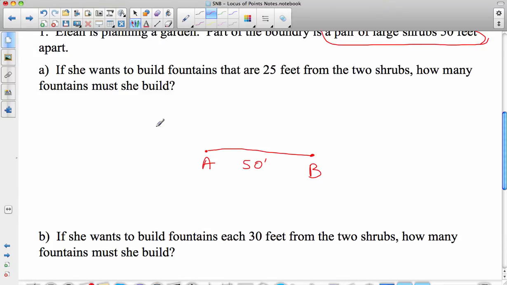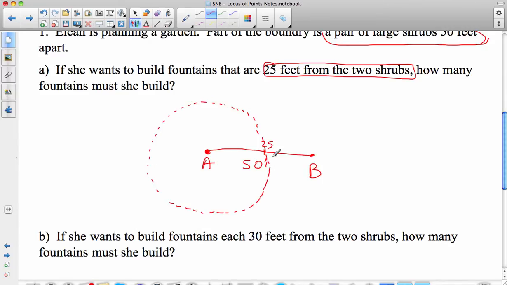Part A says, if she wants to build fountains that are 25 feet from the two shrubs, how many fountains must she build? If they are 50 feet apart, the midpoint is going to be our 25 feet. In general, we're talking about the locus of points about a point that is 25 feet away. If you remember from the locus of points, that would give us a circle with a radius of 25.